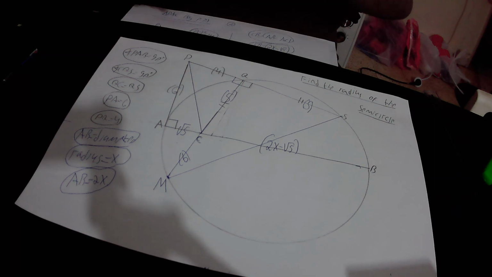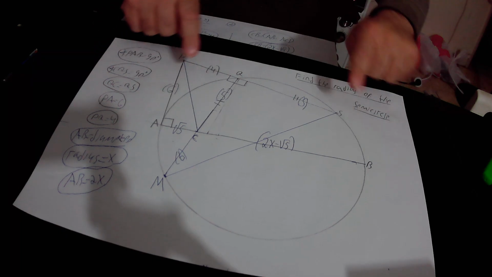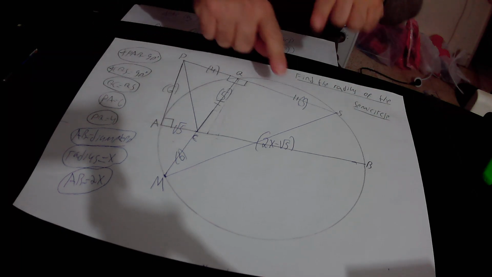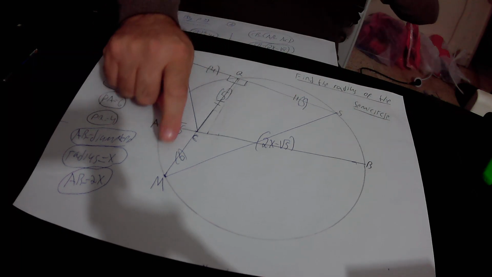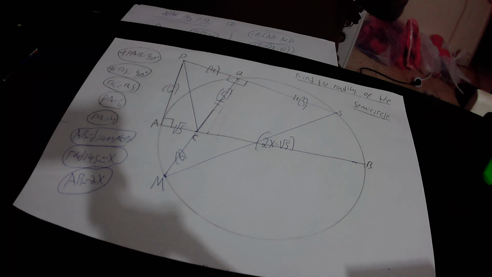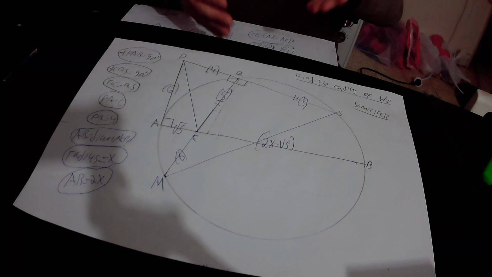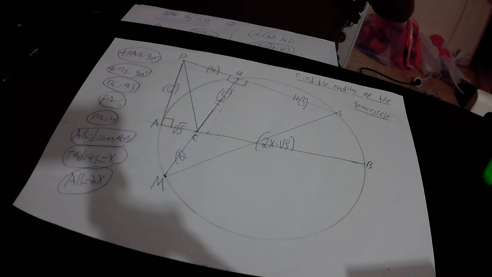Why? Because in our drawing we have chord AB that intersects with chord QM at point C. Because we have two chords that intersect with each other, we can implement rule number 11 here.